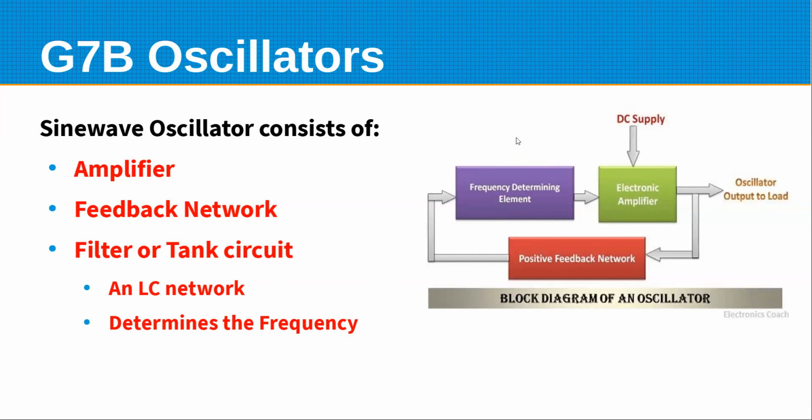You can also construct them without an LC network where you'd have, say, an RC filter or something that would also only pass the frequency that you want it to operate at. It's easier to do it with an LC network, or what they call a tank circuit from the old tube days.